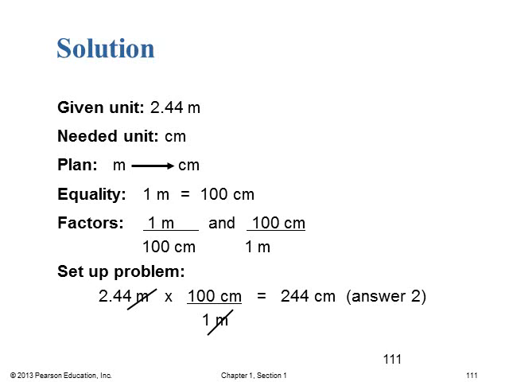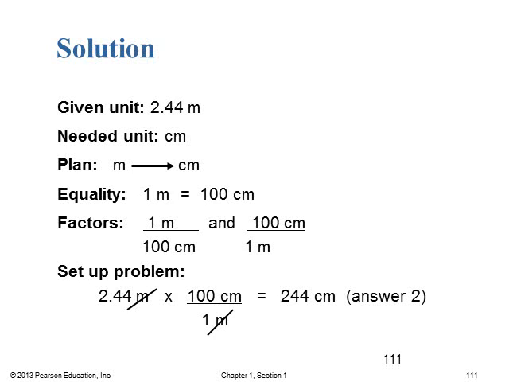If we look at our setup, we know we want to go from meters to centimeters, so we want our meters to cancel out. That means in our conversion factor we want meters in the denominator and the centimeters, our needed unit, in the numerator. So we multiply 2.44 meters by 100 centimeters over 1 meter.